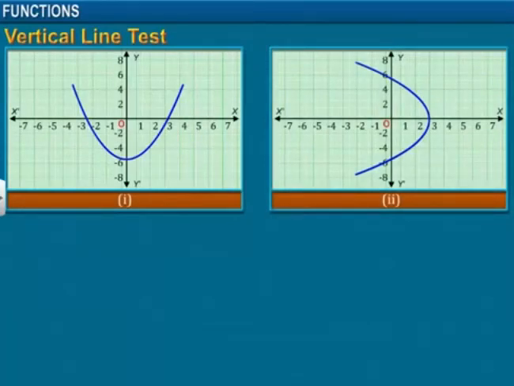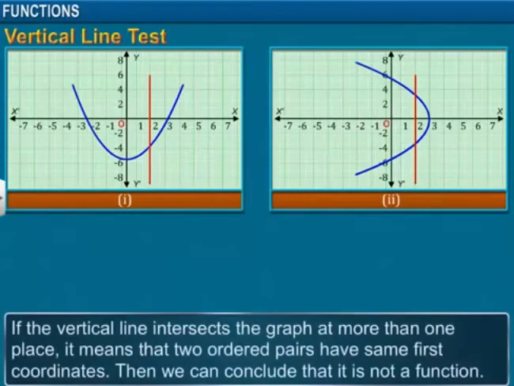Draw a vertical line parallel to the y-axis such that it intersects the graph. If the vertical line intersects the graph at more than one place, it means that two ordered pairs have the same first coordinates. Then we can conclude that it is not a function.